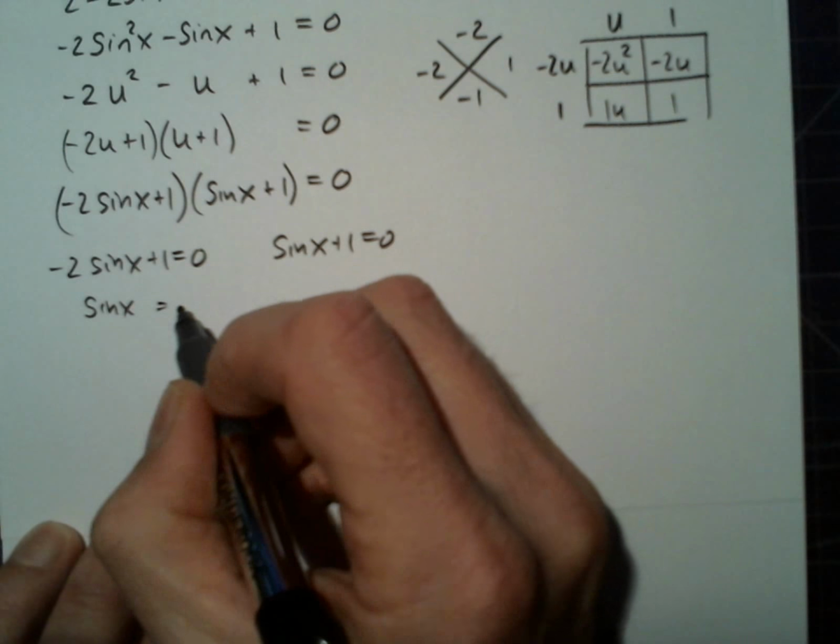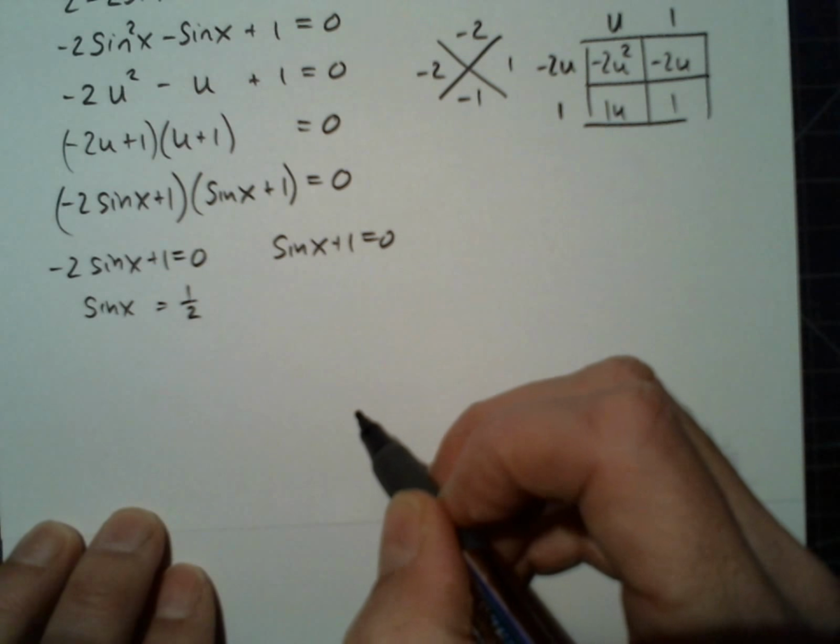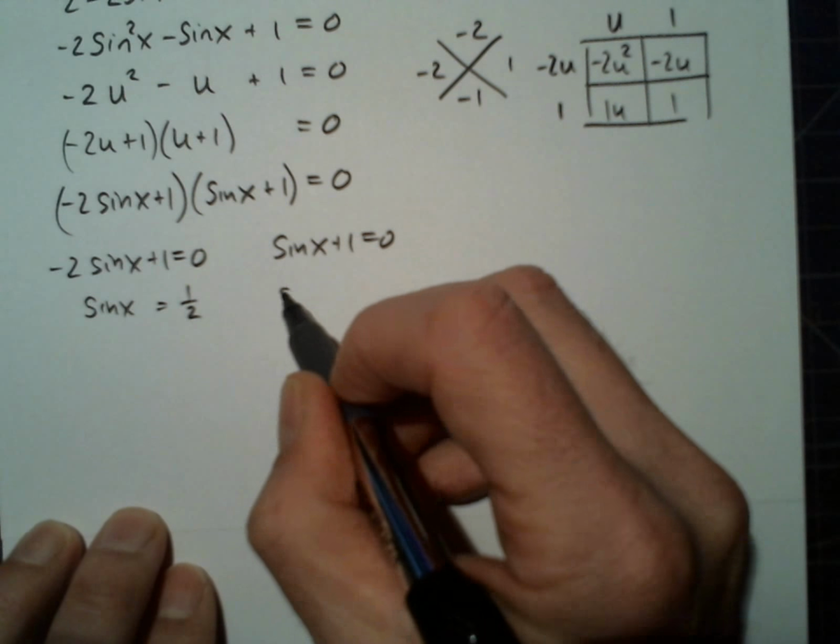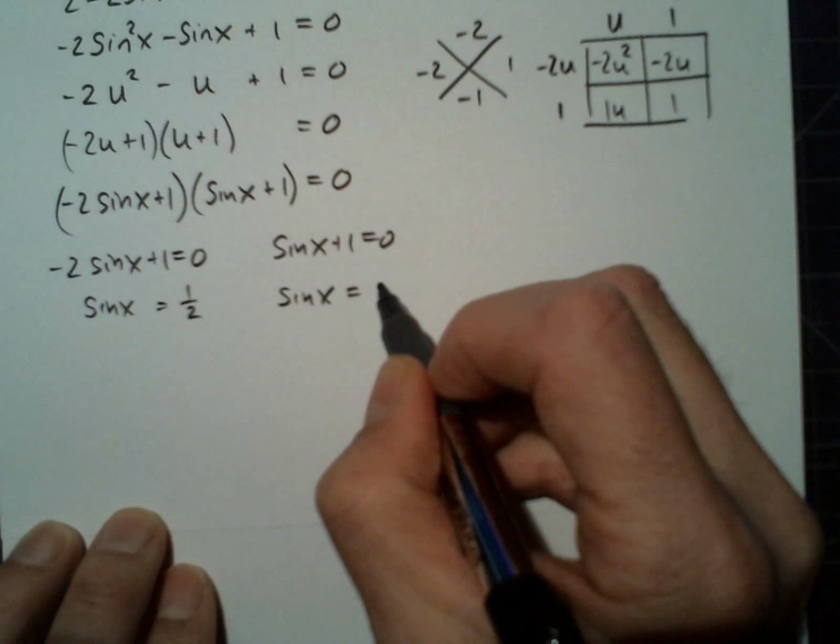Subtract 1 and divide by negative 2, and we'll get a positive 1/2. And here, subtract 1.